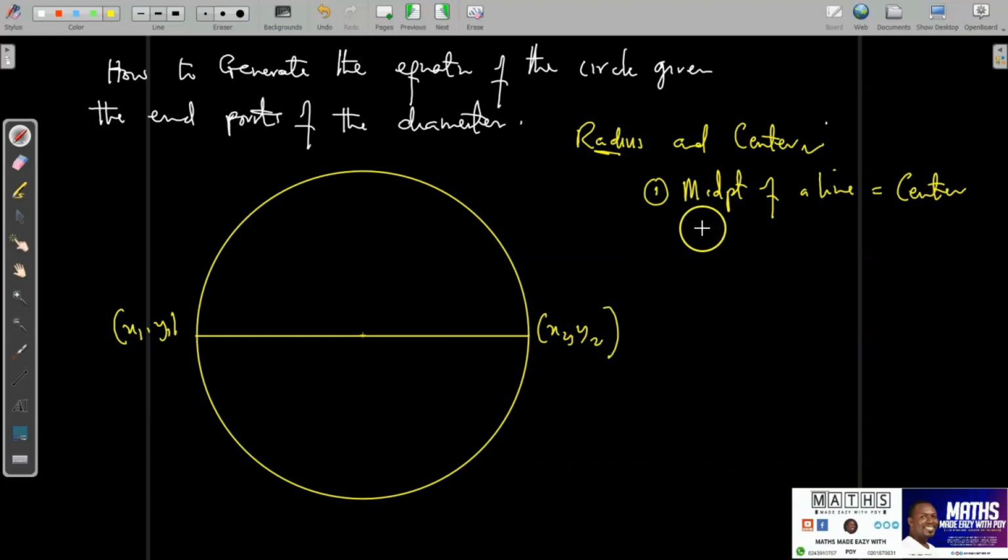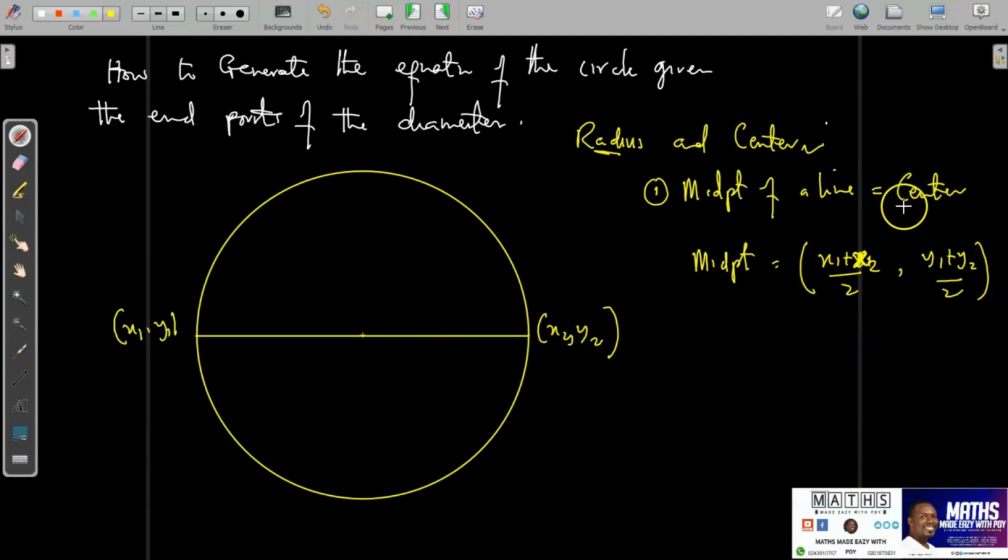So how do we get the midpoint? Midpoint from coordinate geometry 1 is equal to the sum of the corresponding x components, so x1 plus x2 all divided by 2, comma, y1 plus y2 all divided by 2. So you find the average of it.